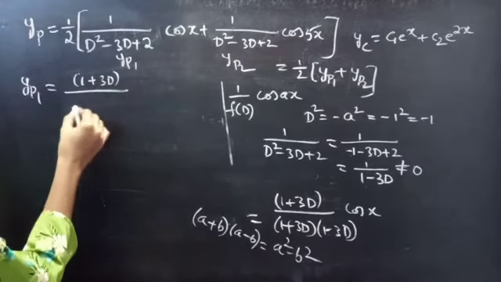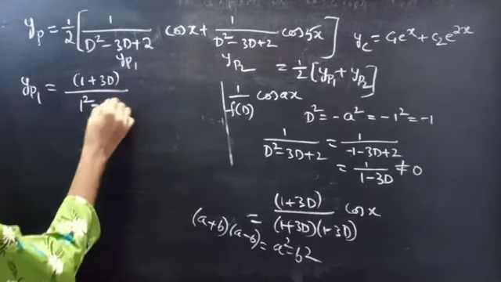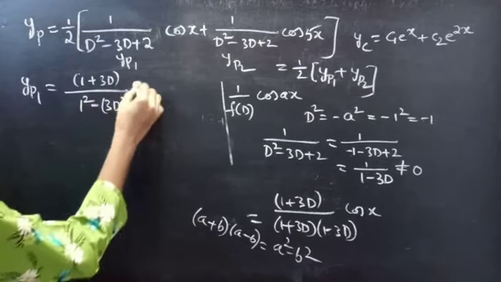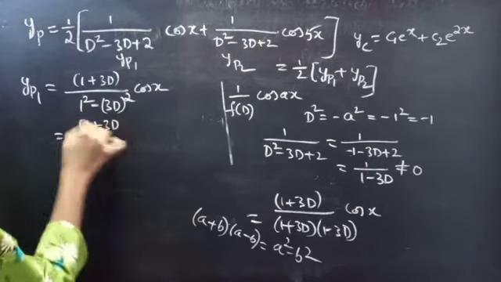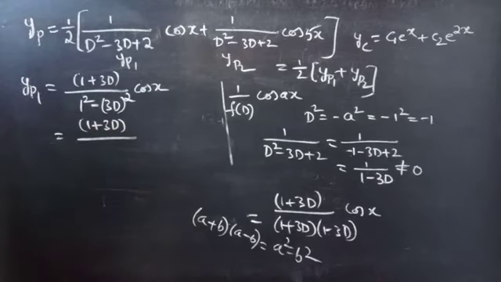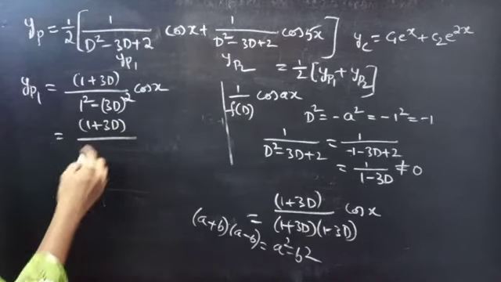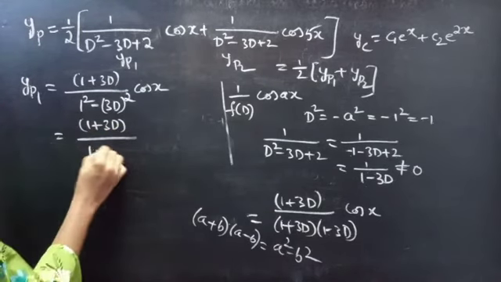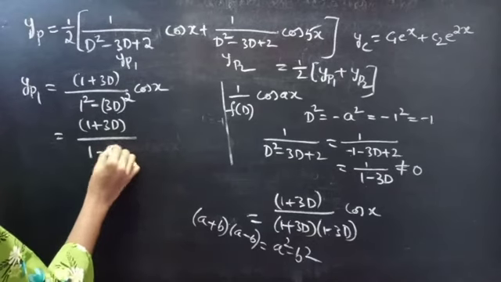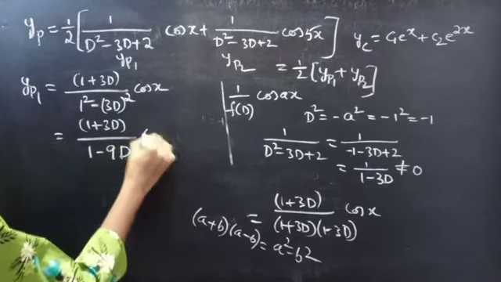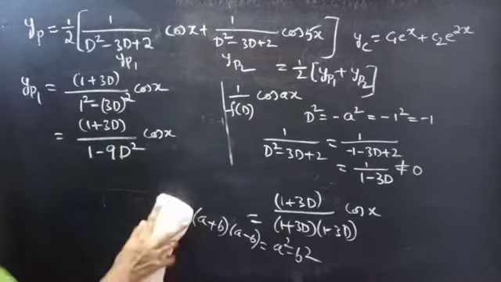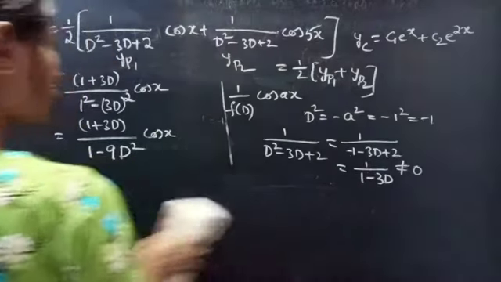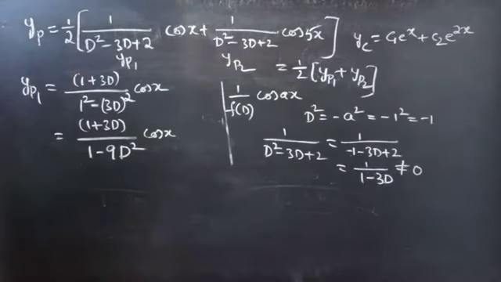We can write the denominator as 1 square minus 3D whole square, into cos x, which equals 1 plus 3D by 1 square minus 3 square, which is 9, into D square, cos x. Again D square appears in the denominator, so we'll again check with D square.